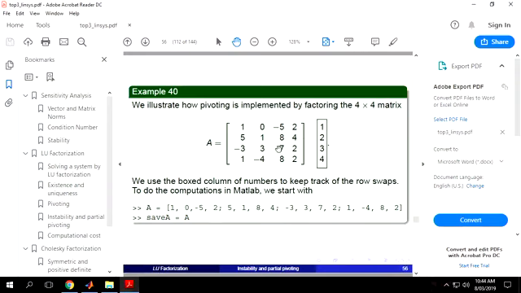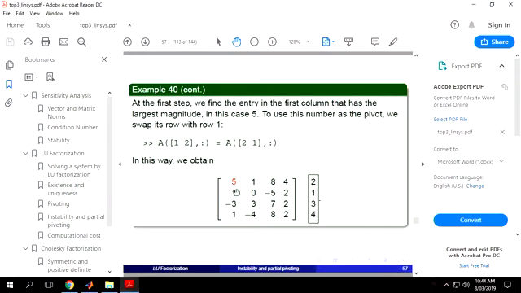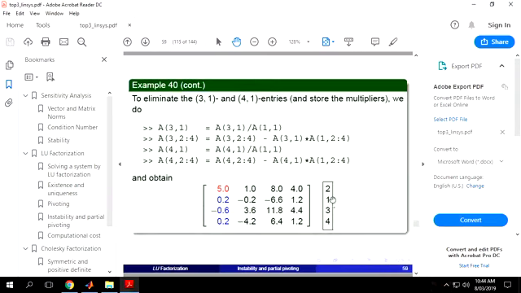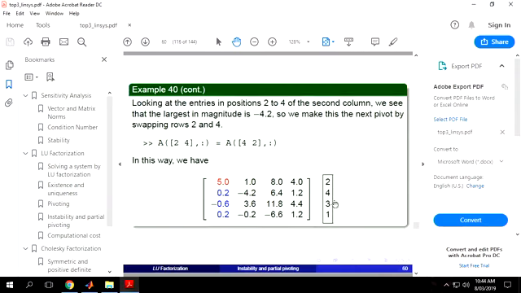Then it does the swap and records the swap here. Then it does another swap and records the swap here. Eventually, this will be computed along the way when it tries to find the pivot elements, so you don't have to worry about that.